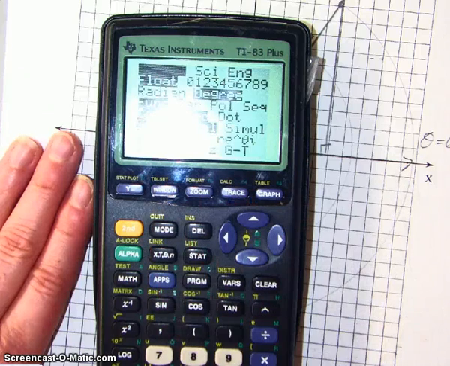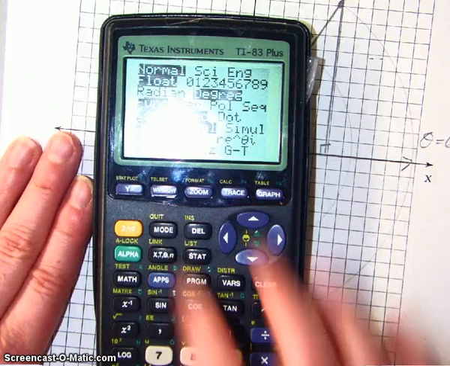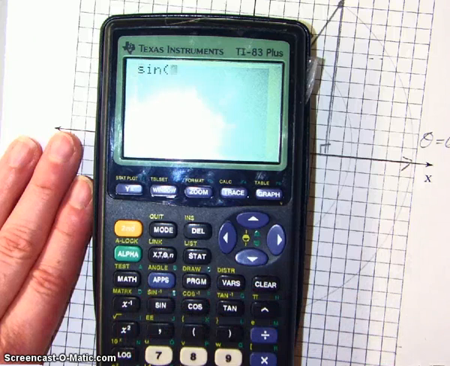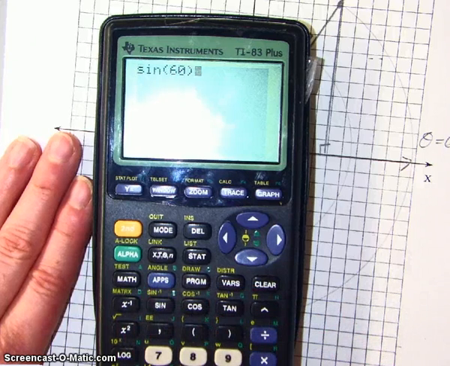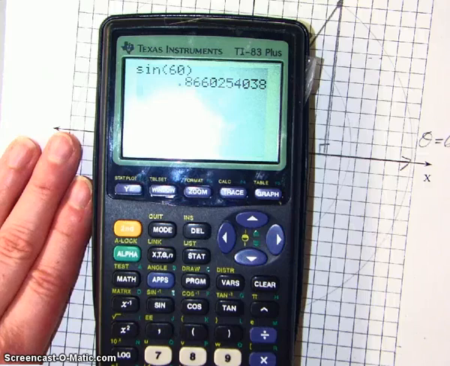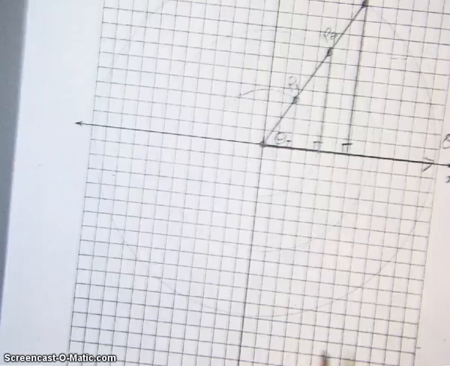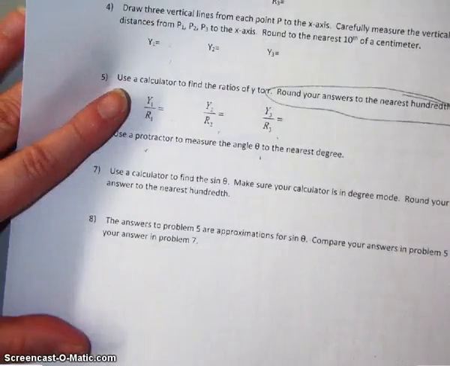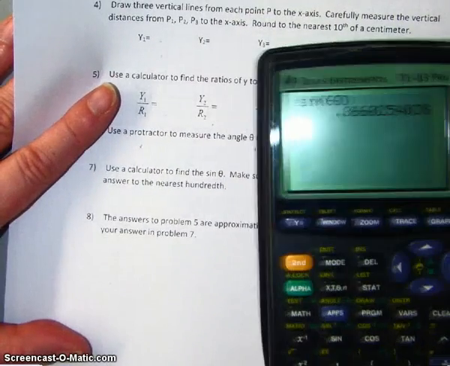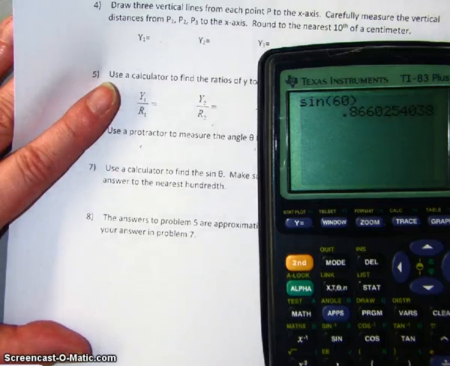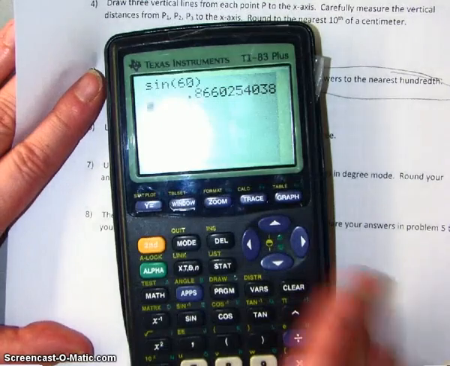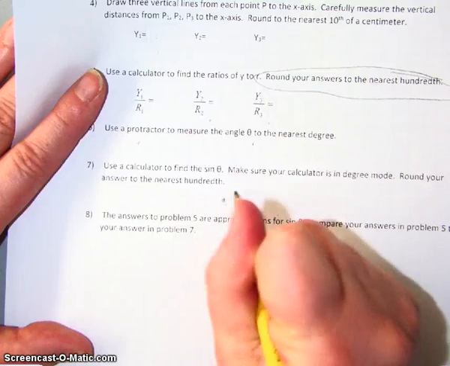Make sure that you are in degree mode and do sine of 60. You're going to do sine of your theta, not mine. All right, so round to the nearest hundredth. This is 0.87. Rounded to the nearest hundredth.